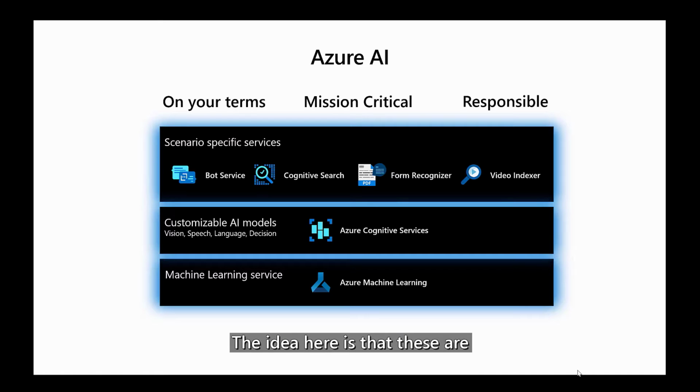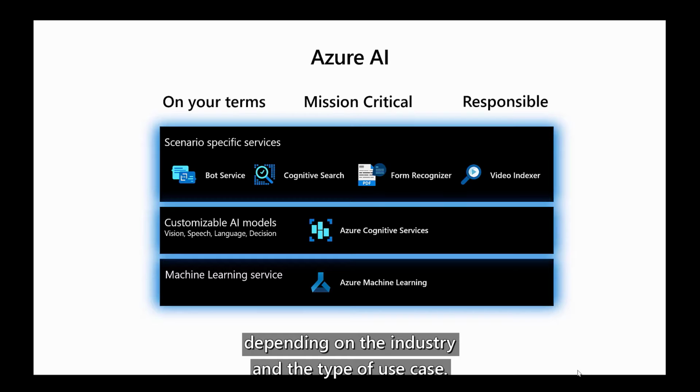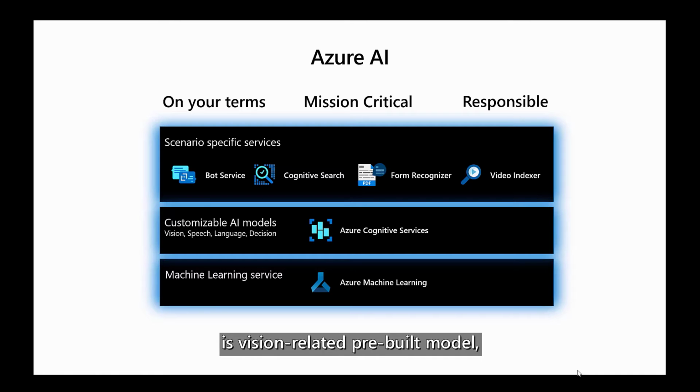These are scenario-based solutions which are end to end depending on the industry and the type of use case, and they combine multiple cognitive services into one. When I say multiple cognitive services, I mean if there is a vision related pre-built model, a language related pre-built model, and a speech related pre-built model, all these models can be used in a single end-to-end offering, and it makes it easy to use these models.